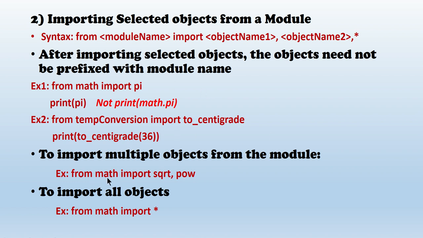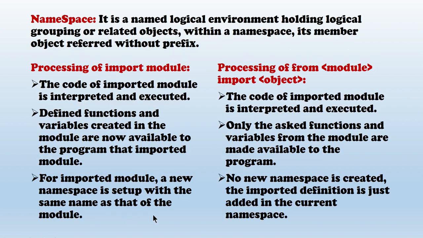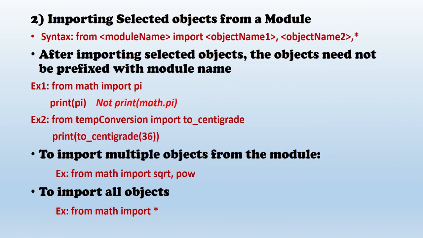From the math module, if you want to import only the sqrt function and pow, just specify the list of objects separated by commas. And if you want to import all the objects, you can also go for from math import star. In computer terminology, wherever you see star, that means everything.